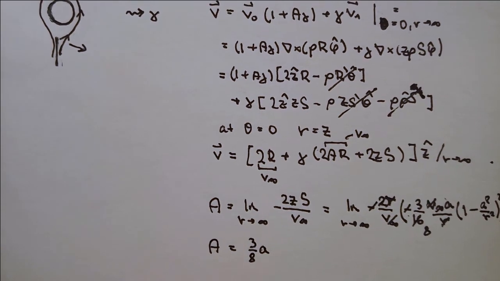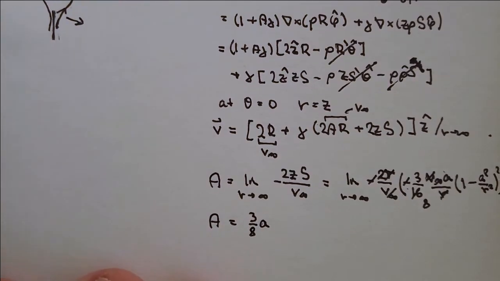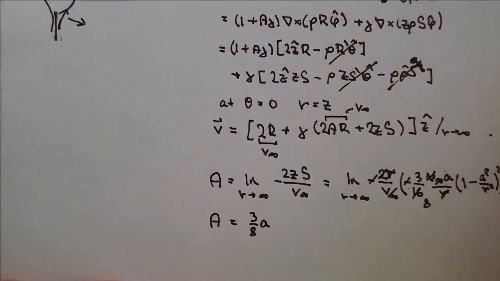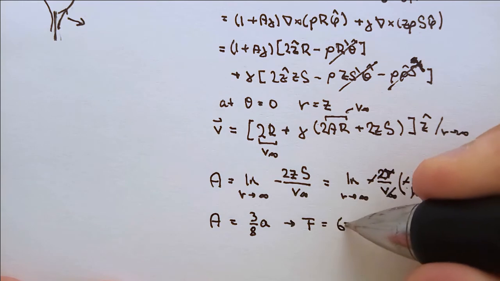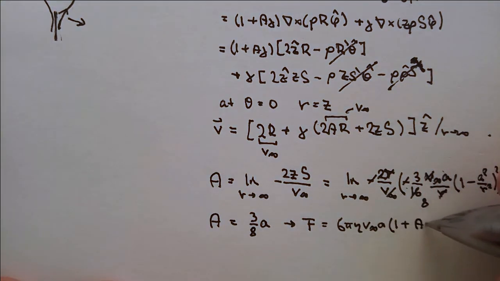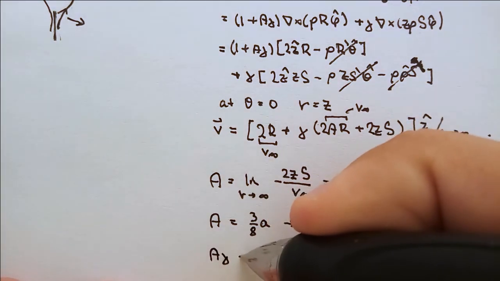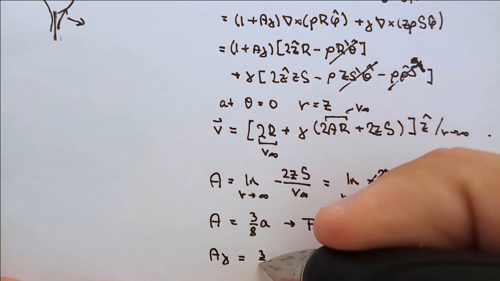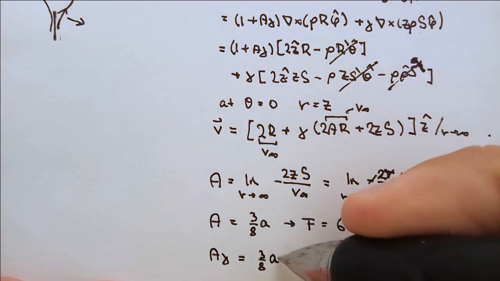Well, from this you can immediately write the expression for the drag force, because the drag force was 6 pi eta V infinity A times 1 plus A times gamma, and A times gamma is 3/8 times A times gamma.